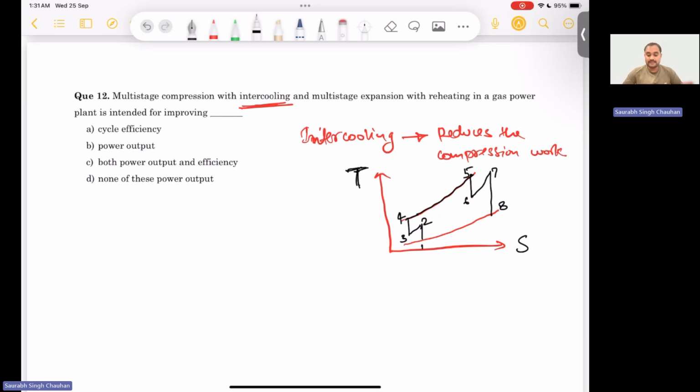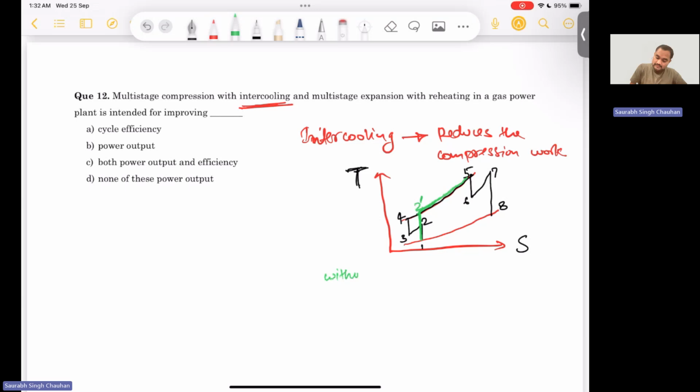Okay. But if you talk about intercooling, then yes, compression work is reduced, but the total heat input increases, right? So what I mean is that if you would have compressed from 1 to 2 dash, let us say directly, then the heat addition would have taken place from 2 dash to 5, right?